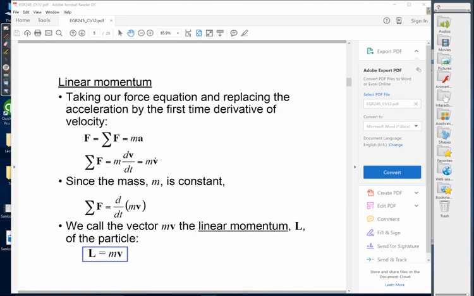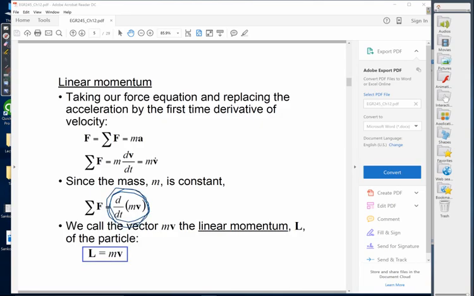I know you probably use different symbols in physics, but unfortunately there's no standard convention when it comes to this notation. Okay, so anyway, we can now rewrite Newton's second law. This is the first derivative of linear momentum.